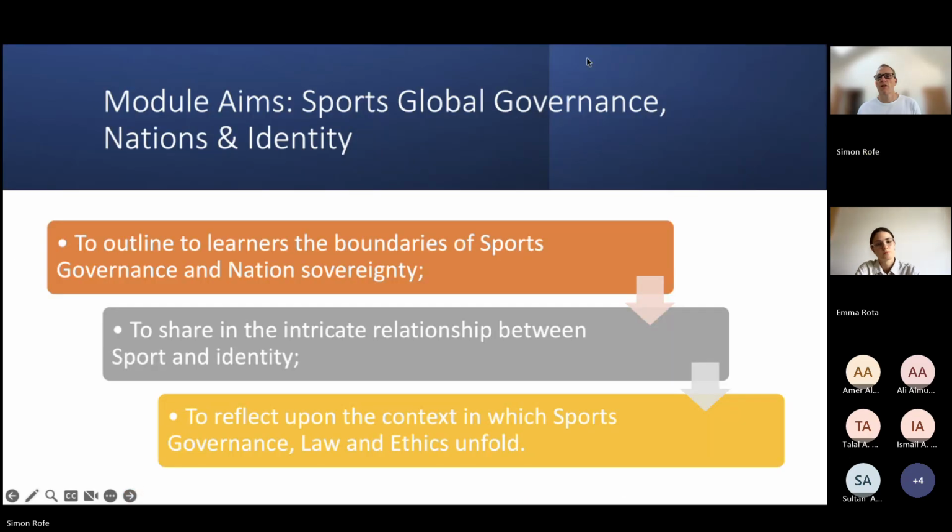So, with no apology for a sense of deja vu, I share with you again the module aims. These are the things that we're working towards, particularly relevant today, obviously concepts of national sovereignty and that relationship between sport and the world in which we live.